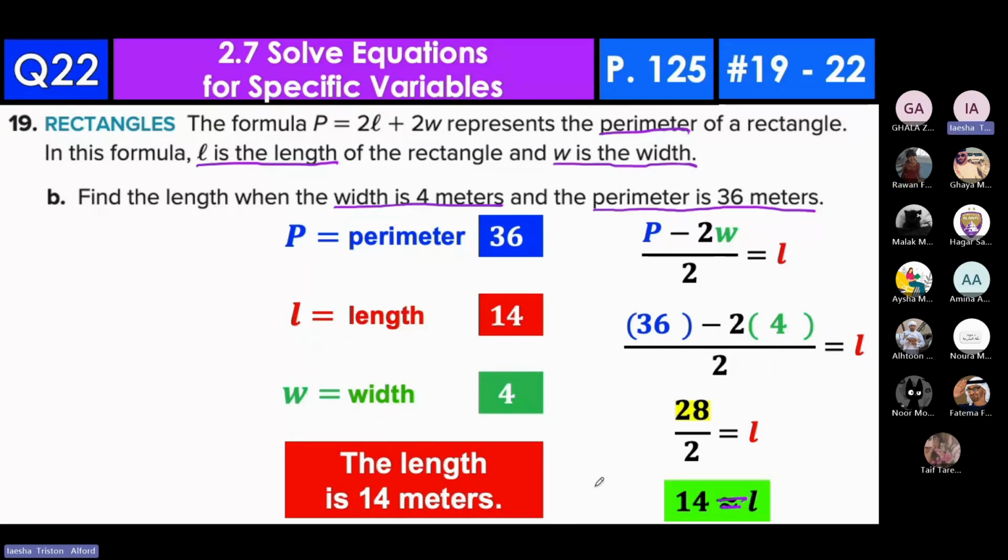If they say explain, it's going to be something like the first question I showed you, with what's the maximum amount of shirts you can buy. We don't write it if they say yes. Only if they say explain. But this sentence that I put here, it's good to write. The length is 14 meters. You should write that for this one, if you can do it.